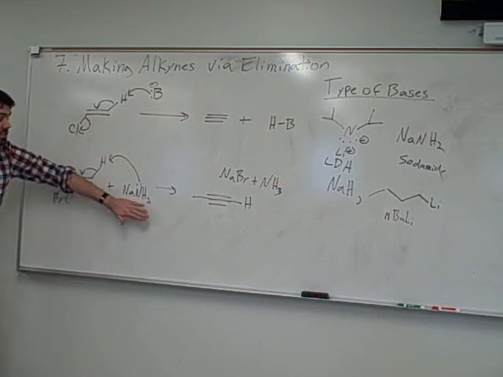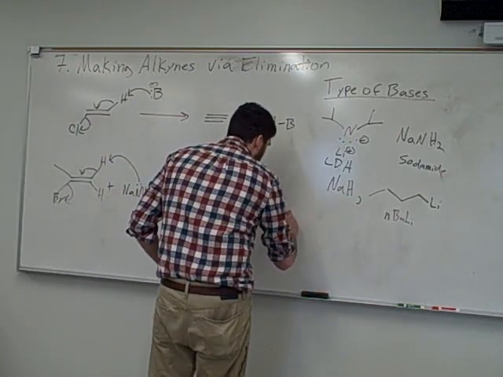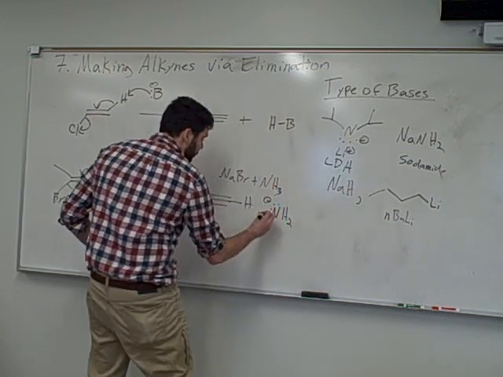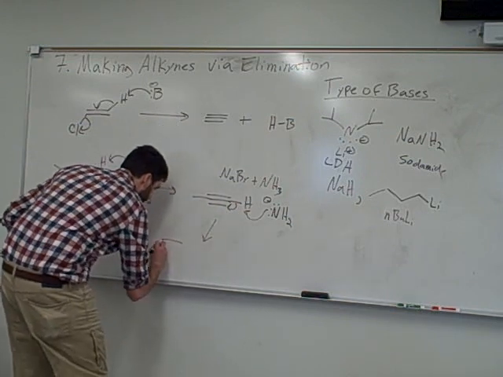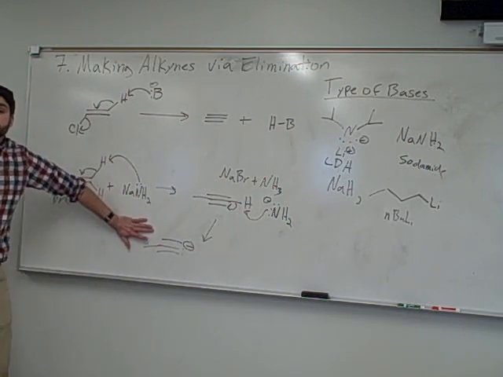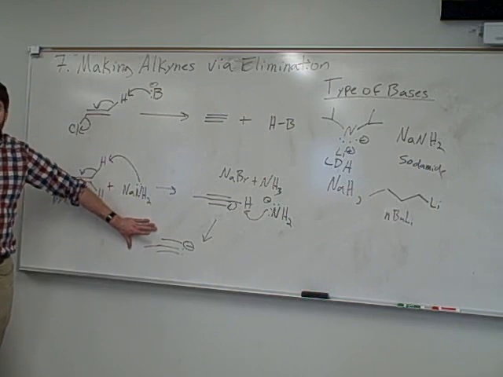elimination. So generally speaking, when you're making terminal alkynes, this reaction will simply go too far. And it will go ahead and deprotonate as well, giving you the alkynolate as your final product. So if you do want the terminal alkyne, just remember you've got to throw something in there that is willing to give up a proton.